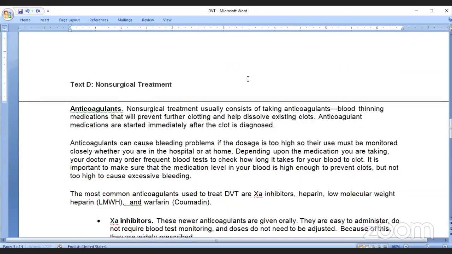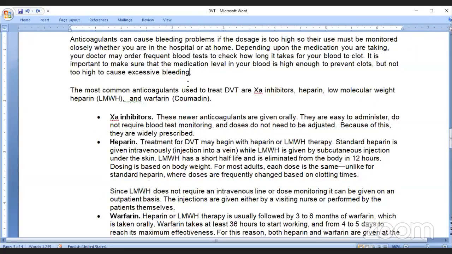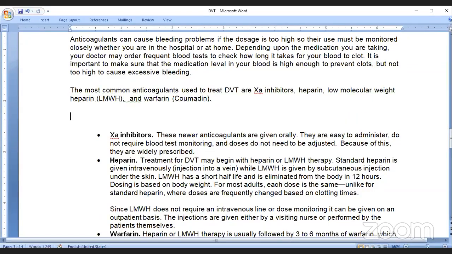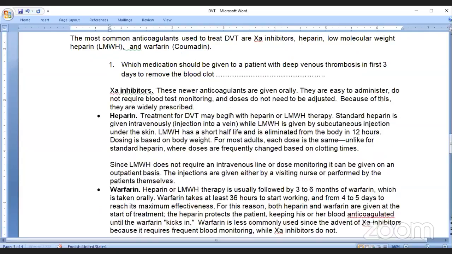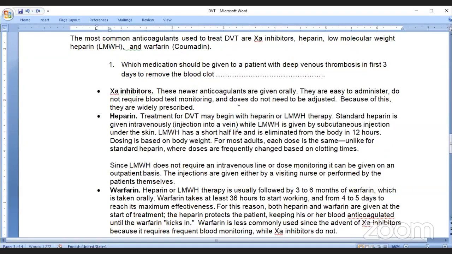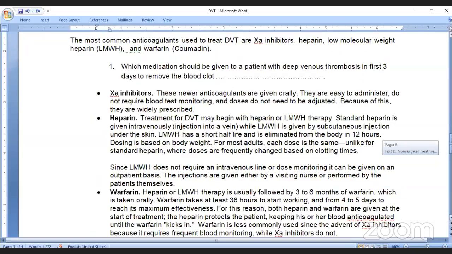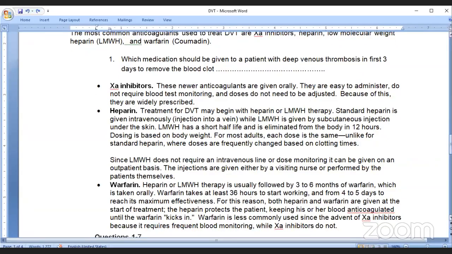Okay. So here is your question, and here are your three medication or possible options. Try to find the answer and write in the chat what is your answer, please.